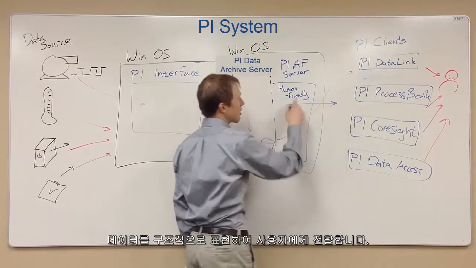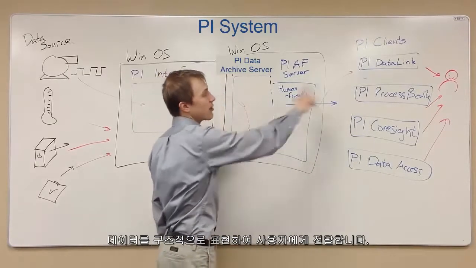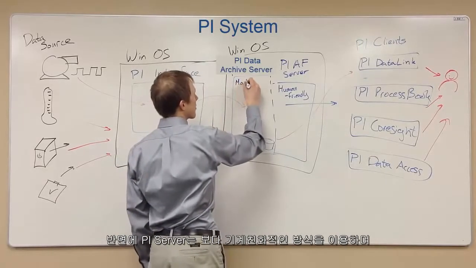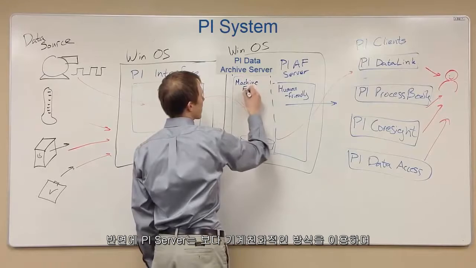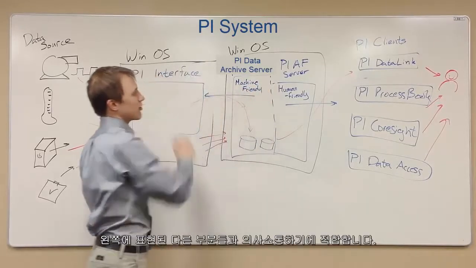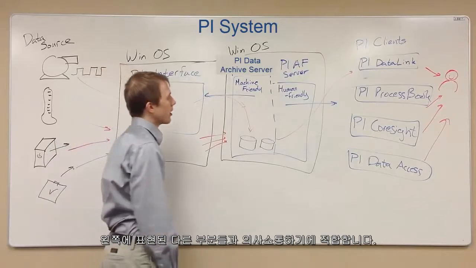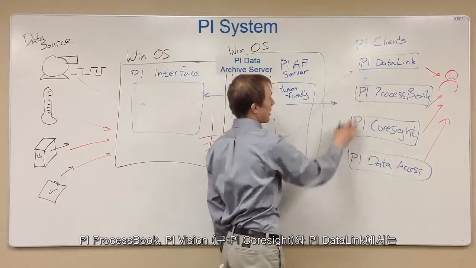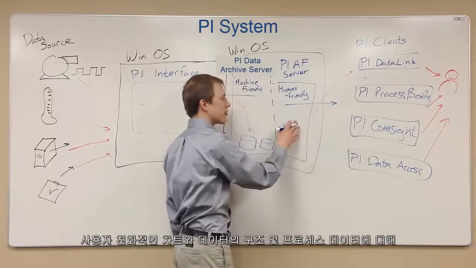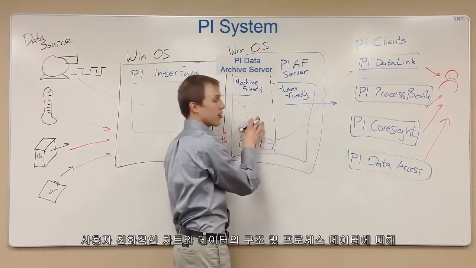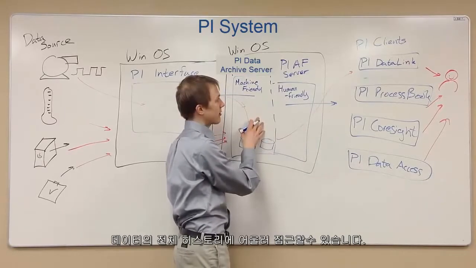In exposing the organization of this data for the users, whereas the Pi server is more machine friendly. For communicating with all these machines over here. And so now with Pi ProcessBook, Pi CoreSight, Pi DataLink, we can see a human-friendly chart and organization of the data and still access all the process data over an entire history.